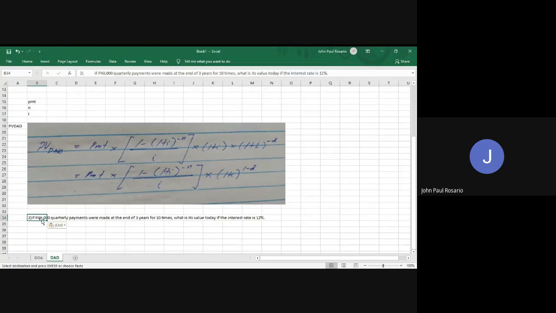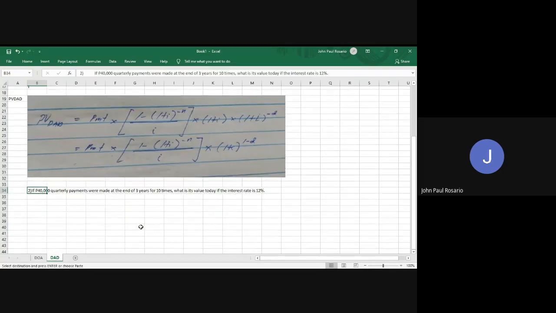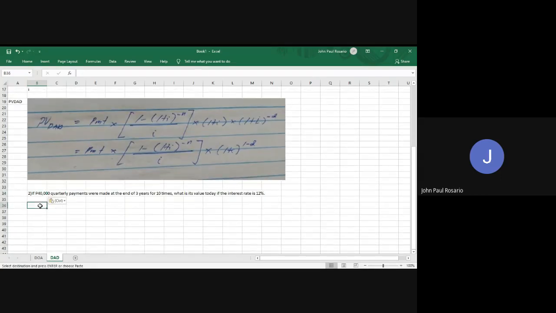Okay. So if 40,000 quarterly payments were made, the payment is 40,000. What else? n is 10. i is 0.12 over 4.